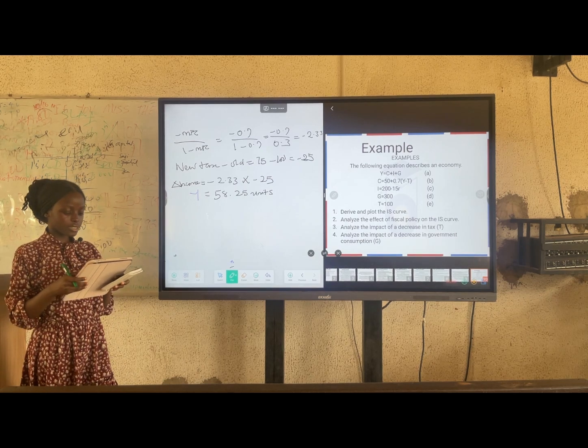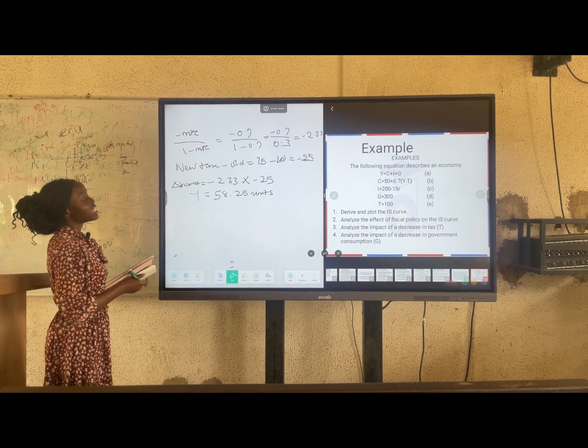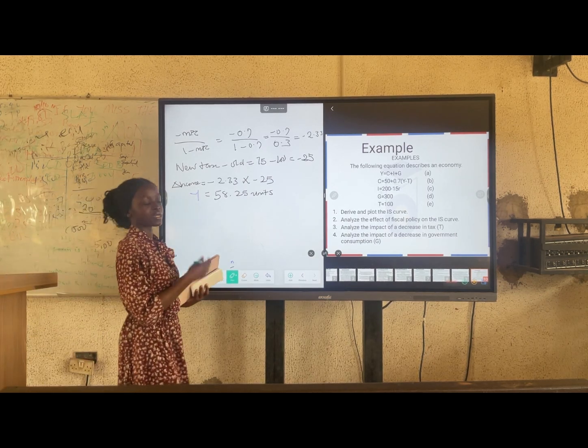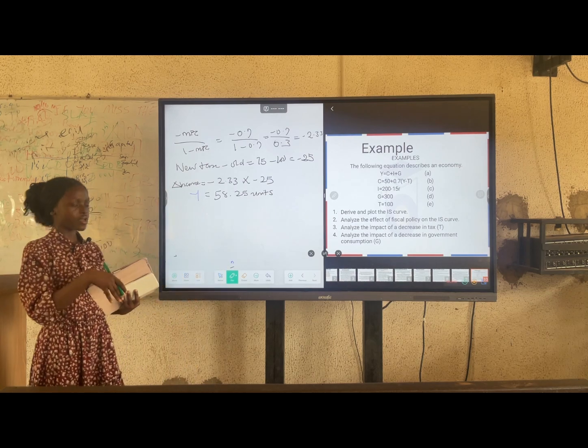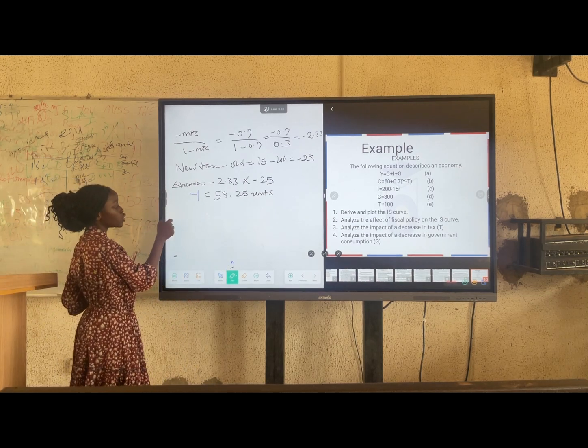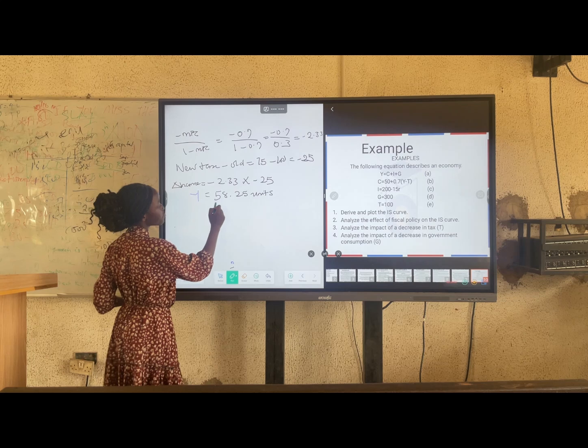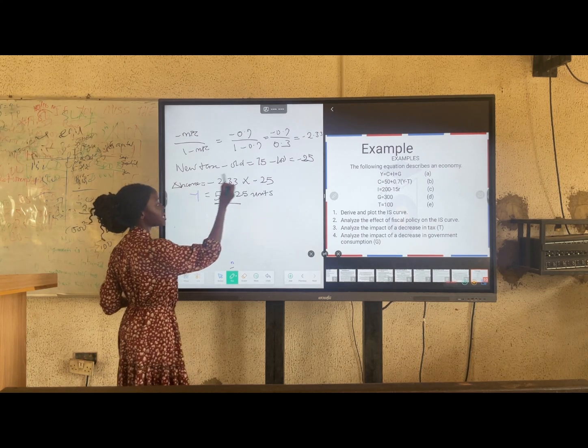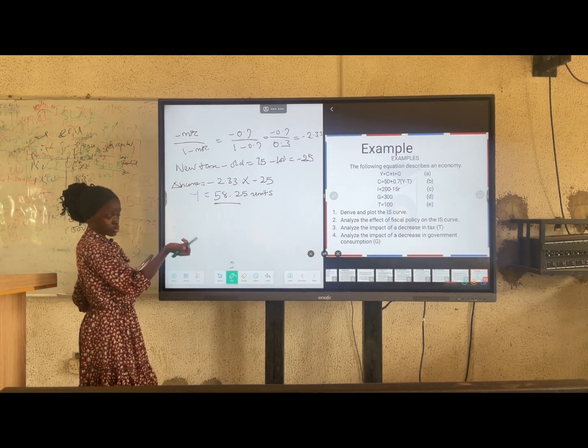This simply means that a decrease in tax, as our tax was 100 and now it's 75, in the economy led to a 58.25 unit increase in output.